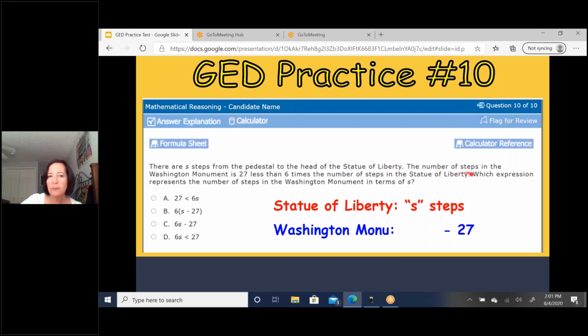For the Washington Monument, they said that the number of steps is 27 less. So when they're saying it's going to be 27 less, we know we're going to have to subtract 27. Then it says 27 less than 6 times the number of steps in the Statue of Liberty. So 6 times S would just be written as 6S.